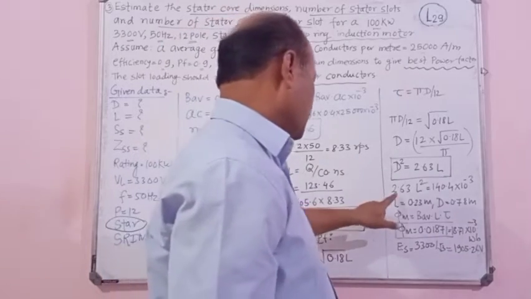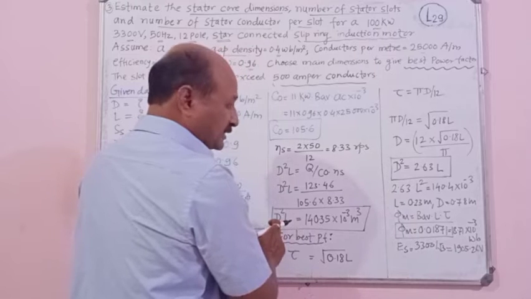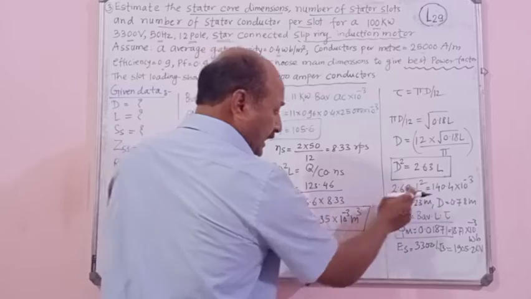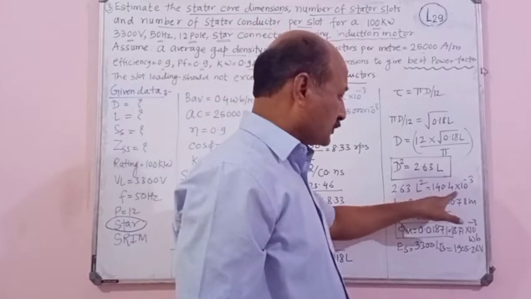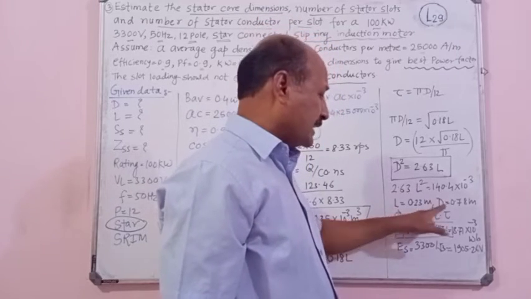Then the equation is 2.63 L square, which equals 140.4 into 10 to the power minus 3. In this way, you will get the value of L and D.